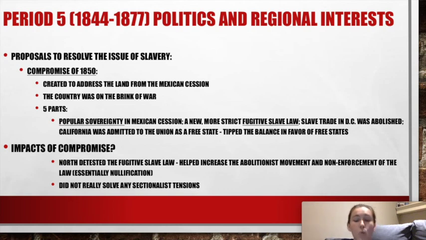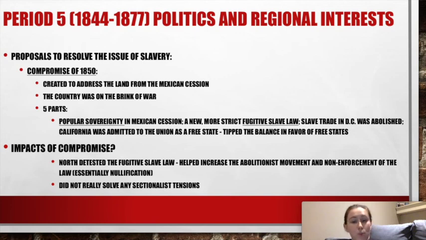Now, one attempt to try to solve this is going to be the Compromise of 1850, which pertains to that territory opened up with the Mexican Cession, in which we're going to see a couple different parts, such as the idea of popular sovereignty, that people out west, whenever those territories are being formed into states, should have the right to decide for themselves if they want that state to be slave or free.